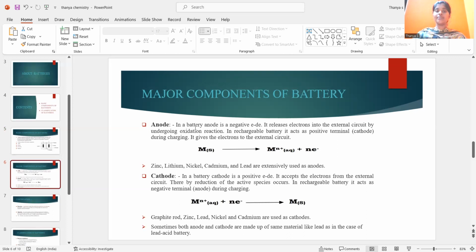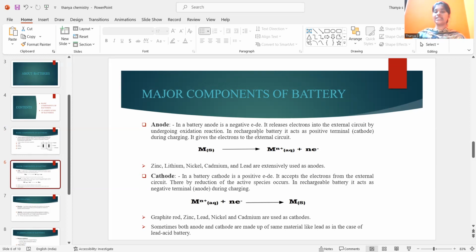Anode. In a battery, anode is the negative electrode. It releases electrons into the external circuit by undergoing oxidation reaction.